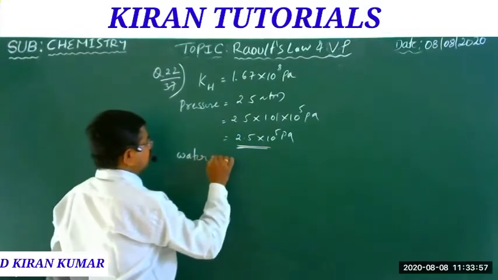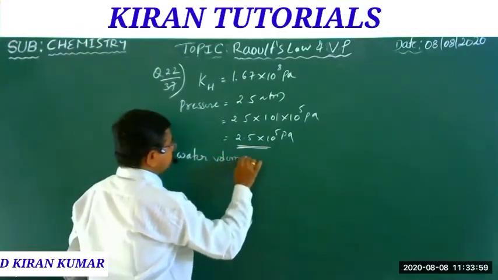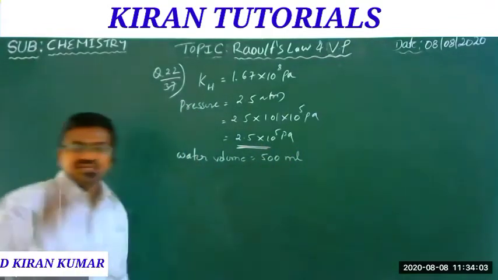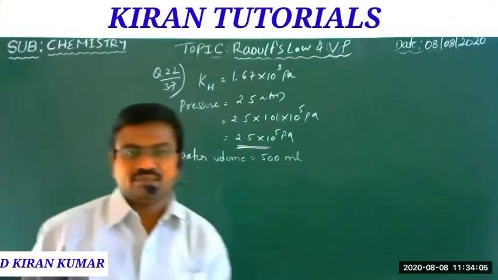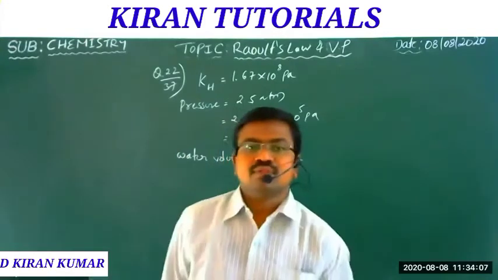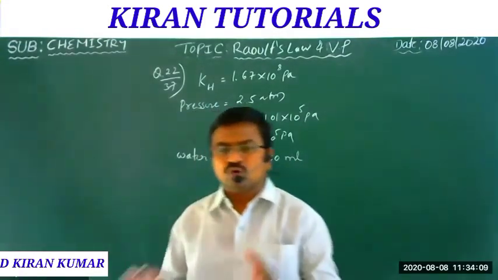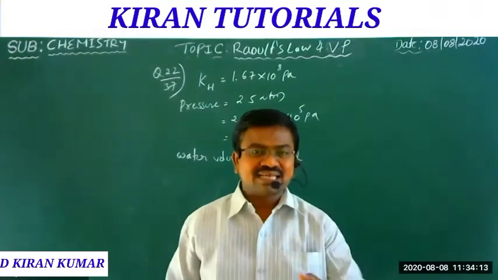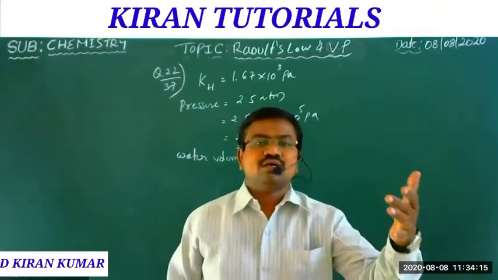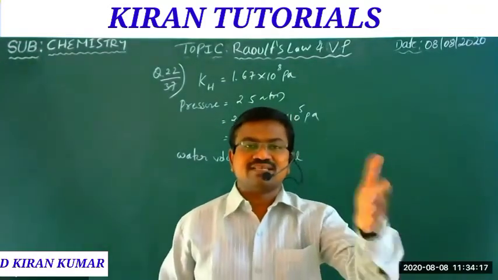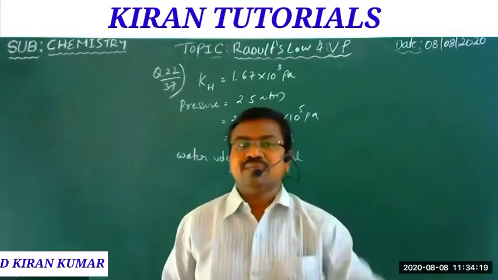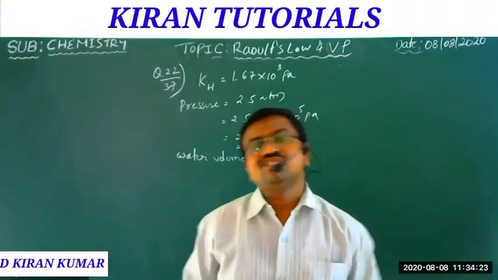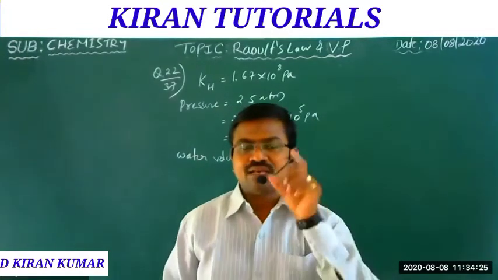Water volume is equal to 500. Here, it is the data present in the question. Then we have to calculate the amount of carbon dioxide dissolved, mass and moles. In moles, how many moles of carbon dioxide is dissolved in 500 ml of water, and how much amount of carbon dioxide is dissolved in 500 ml water.